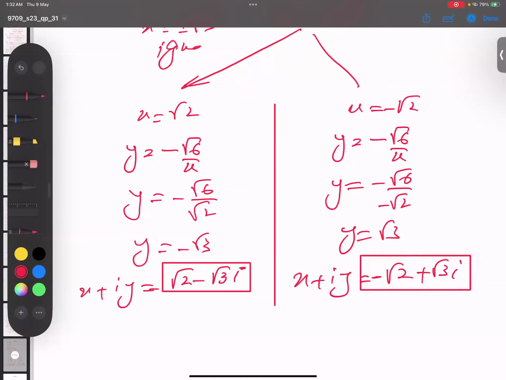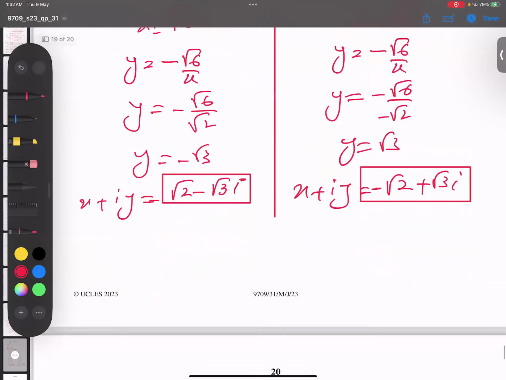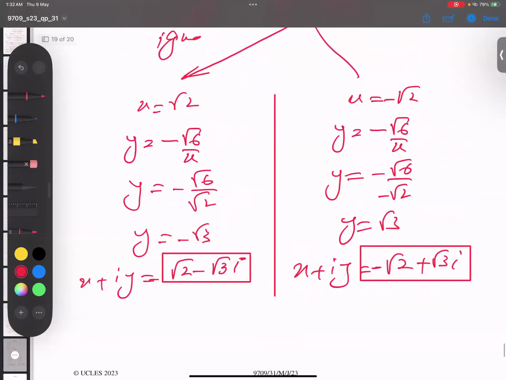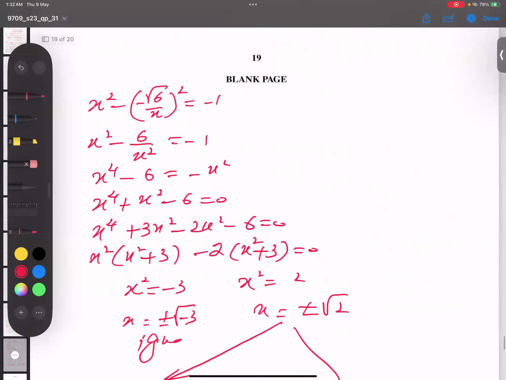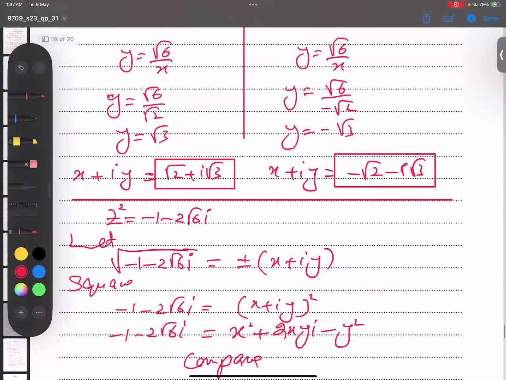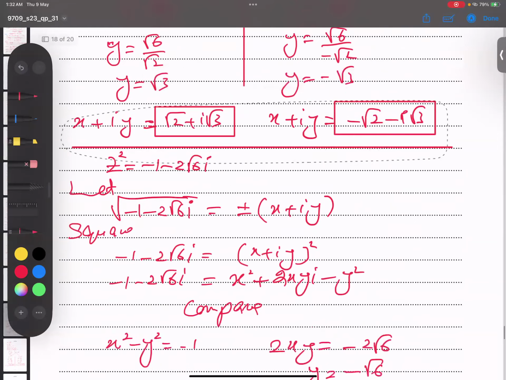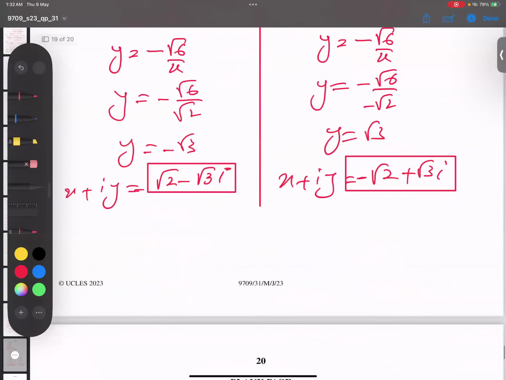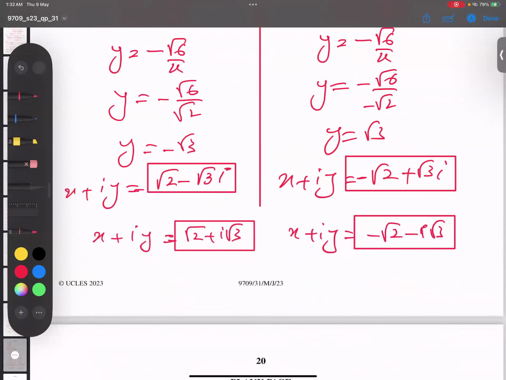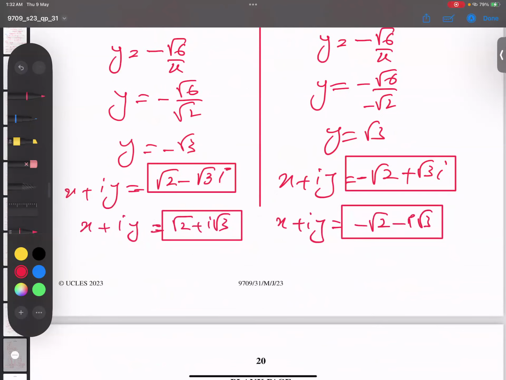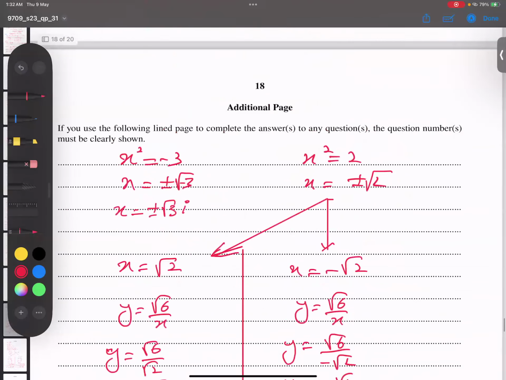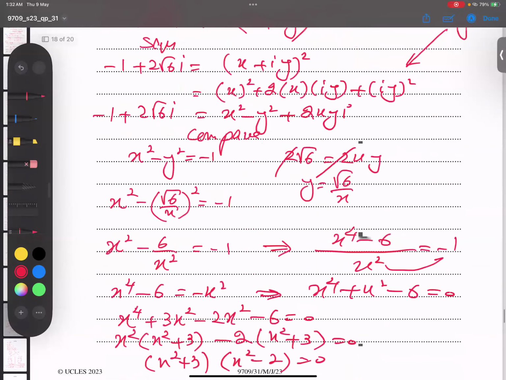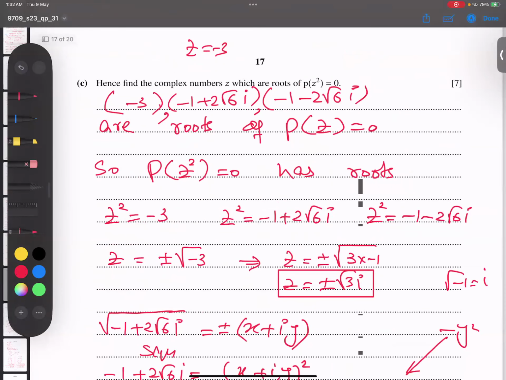So sixth answer. Alhamdulillah Rabbil Alameen, I just write the final answers. 2 I have already and 2 I bring from there. So 2 answers are here, and 2 more are here.